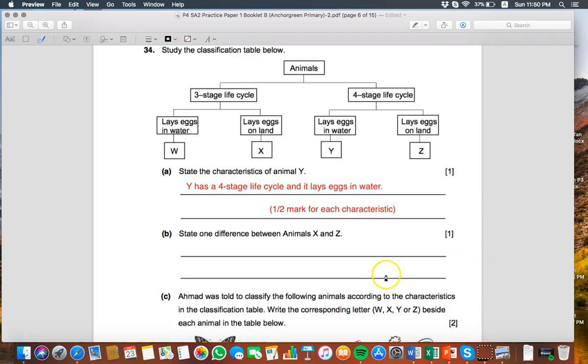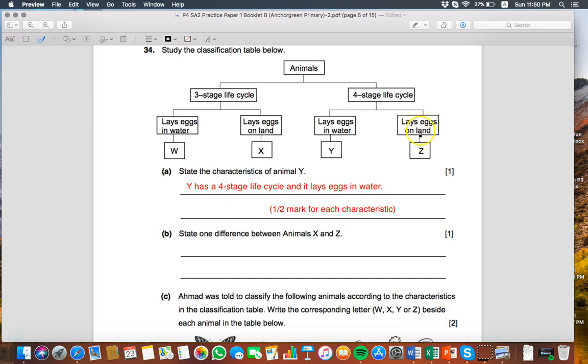Next, state one difference between animal X and animal Z. You see that they both lay eggs on land. So that's not a difference, that's a similarity.